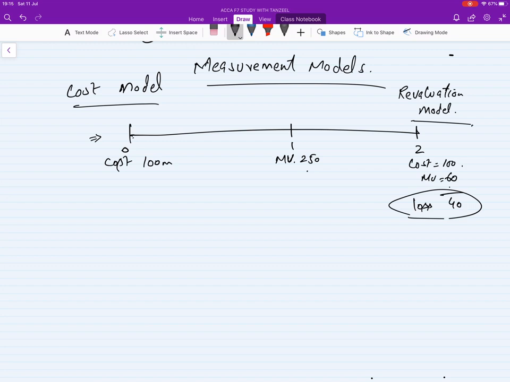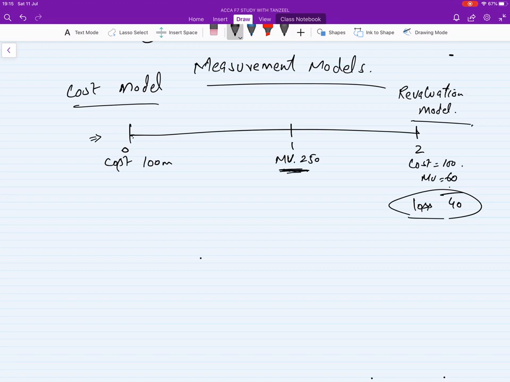If you have one building in the best area of England, in London, and you have one property in the countryside near Bolton or cheaper areas. The cost value was 100 million, but in year one the Bolton one went to 50.